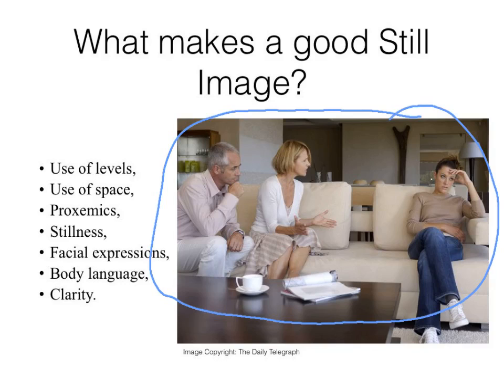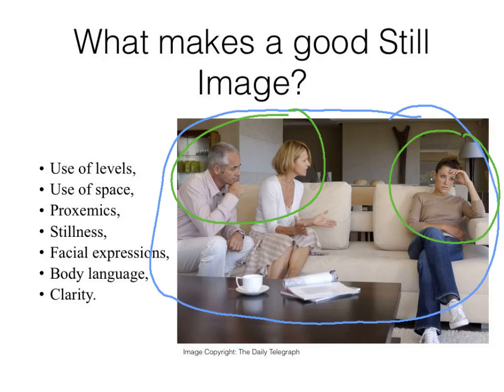The use of space refers to how the three actors have used the actual physical space around them, where they might describe the fact that they might not have used that space very well and they might be all bunched together. Or here we've got two people together and one person on their own. Now proxemics describes how well they've used that space to communicate to you, the audience, what is going on in the picture.